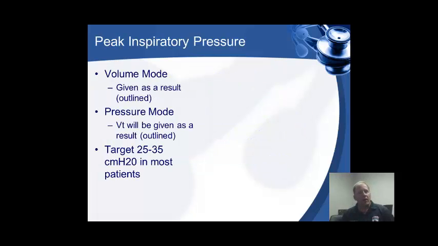All right, we've got a couple of modes with peak inspiratory pressure. You've got a volume mode and a pressure mode. We're going to use volume mode for the most part, but we need to understand both. A volume mode is where you set a tidal volume based on ideal body weight. You can use a chart or you can calculate it. You can just look at a person and see about how tall they are.